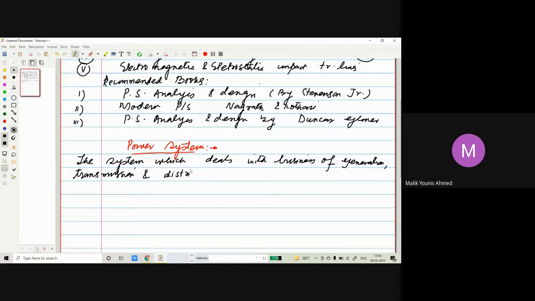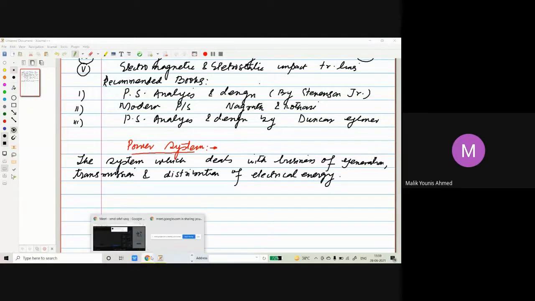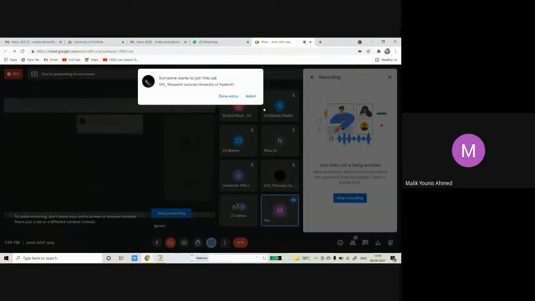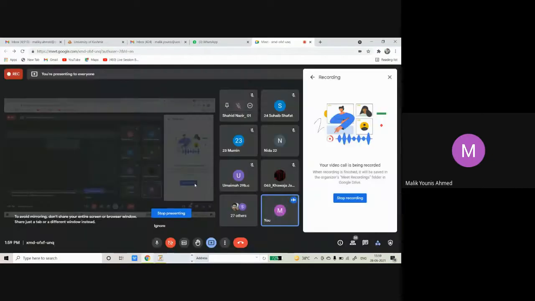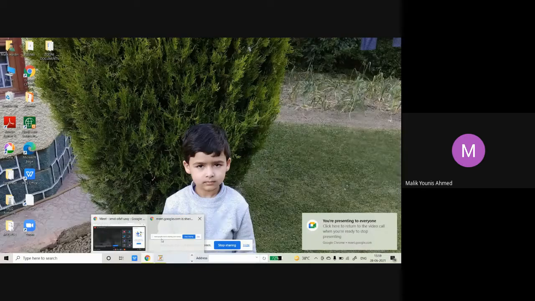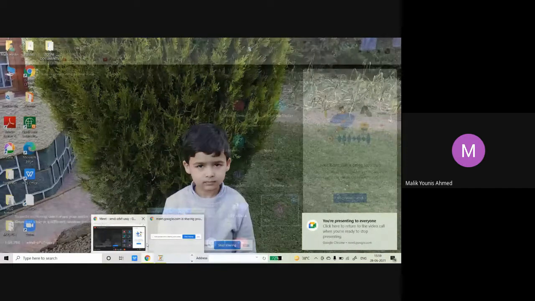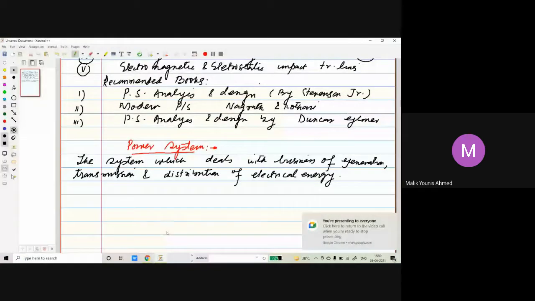Distribution of what? Of electrical energy. So that's a type of system which will deal with these three things. What are these things? Generation, transmission, and distribution of electrical energy.